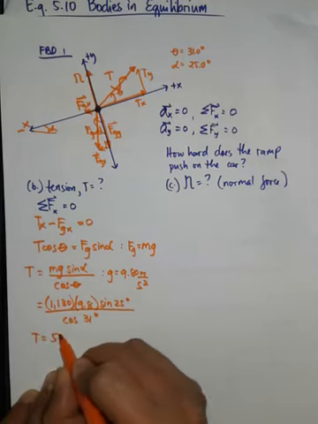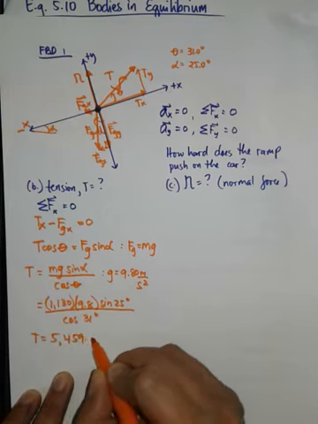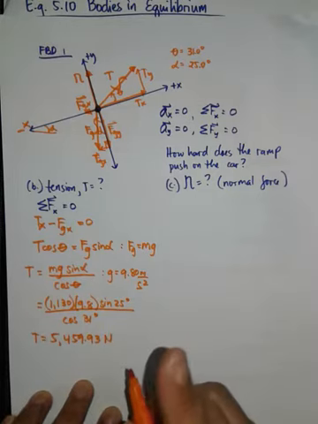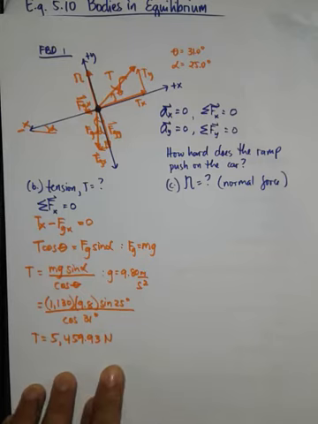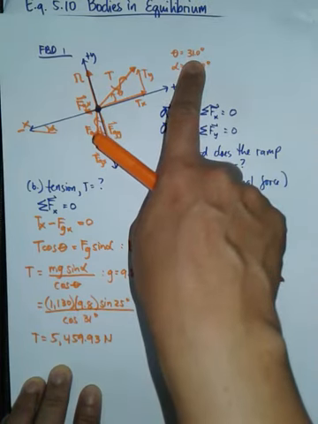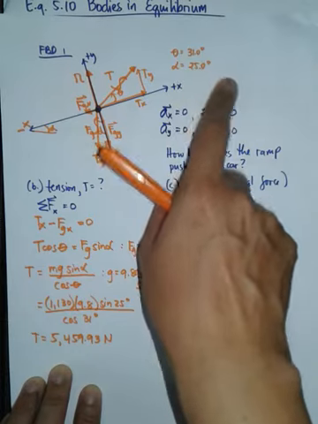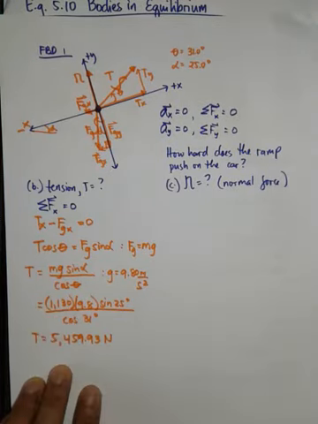Your calculator will give 5,459.93 newtons. But in the declaration of your final answer here, we have to round it off to 3 significant figures because in the given, yung mga angles na binigay, 3 significant figures. 1, 2, 3, 1, 2, 3, and the mass is also 3, 1, 2, 3, if we take 0 as not significant.